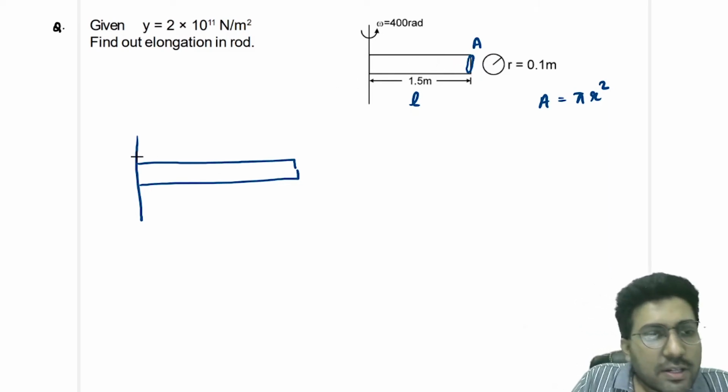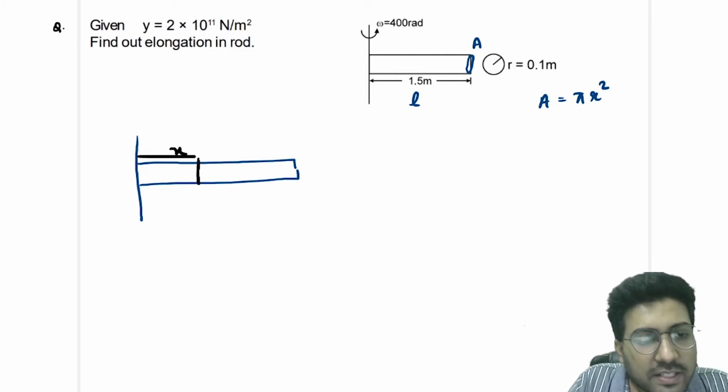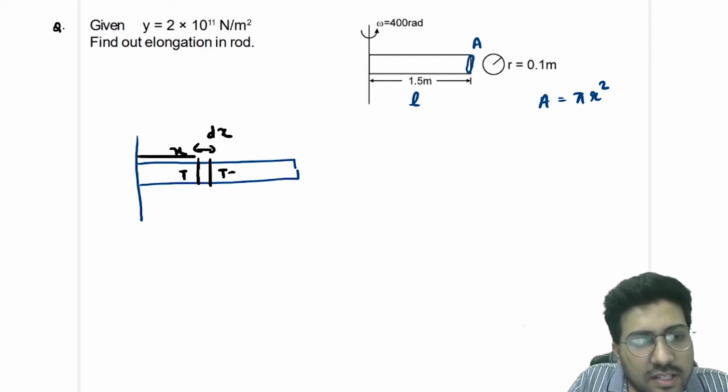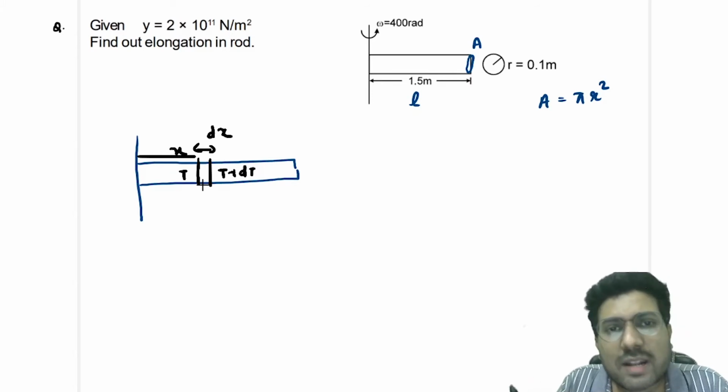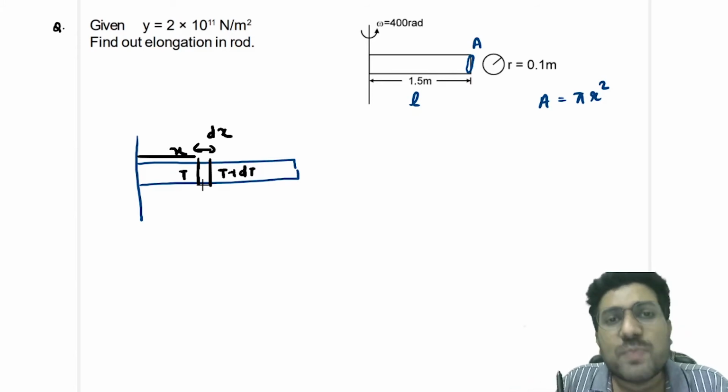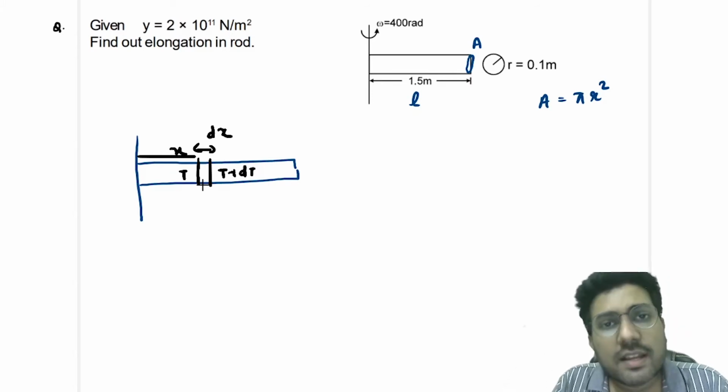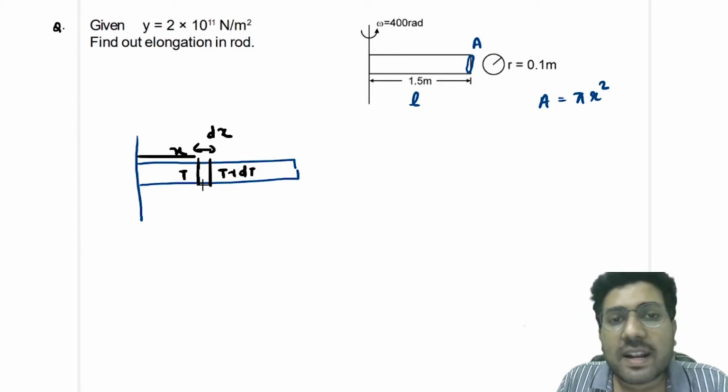So what I will do here is, at a distance x, I will take an element of width dx. Suppose the tension here is T, then the tension here is T plus dT. But you know that this element is performing circular motion, that means there has to be a centripetal force, and the centripetal force here is provided by the tension.